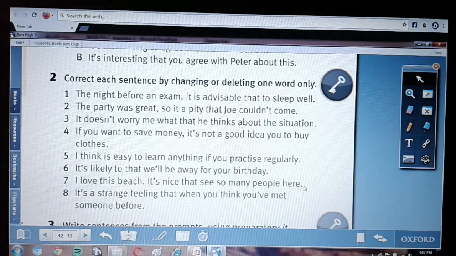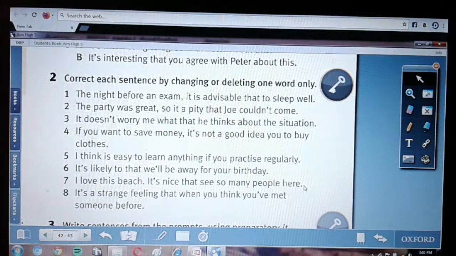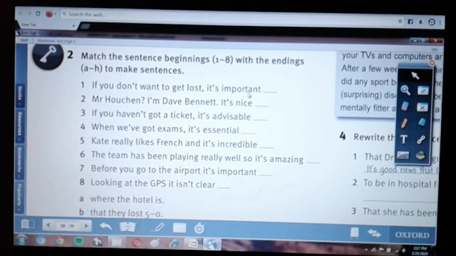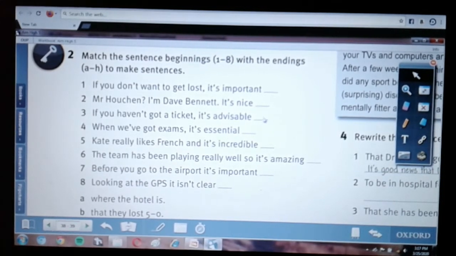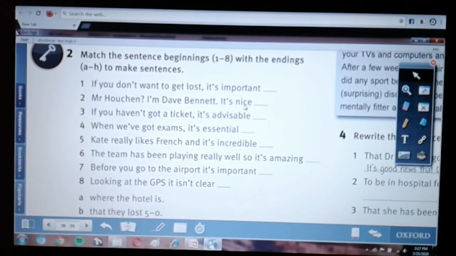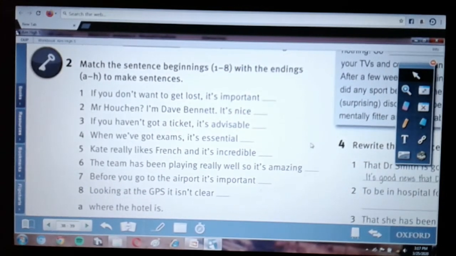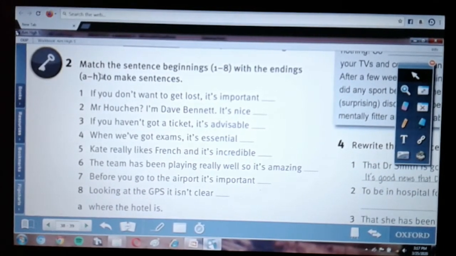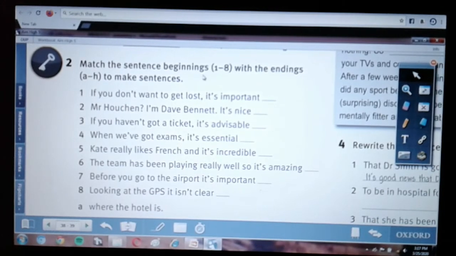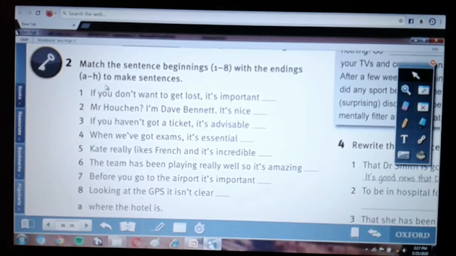After that, please open your workbook and I will tell you which part that you should do. Have you opened your workbook, page 38? On your workbook, please do only part 2 and part 4. So, the part 2, you have to match the sentence beginnings 1 until 8 with the endings A to H to make sentences.